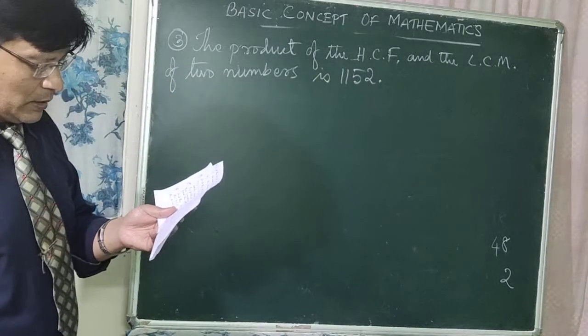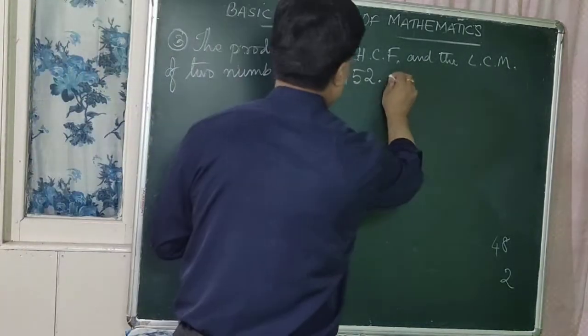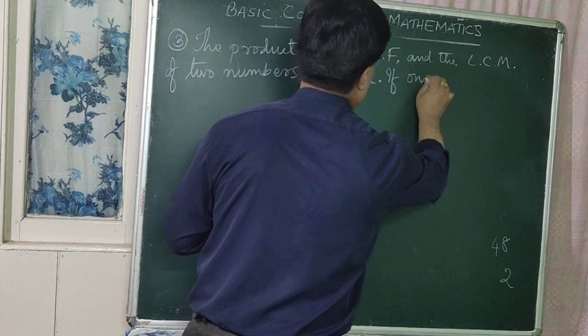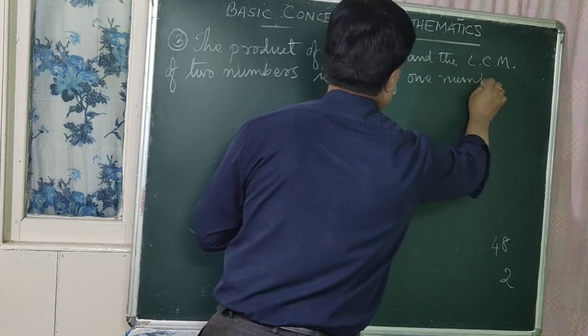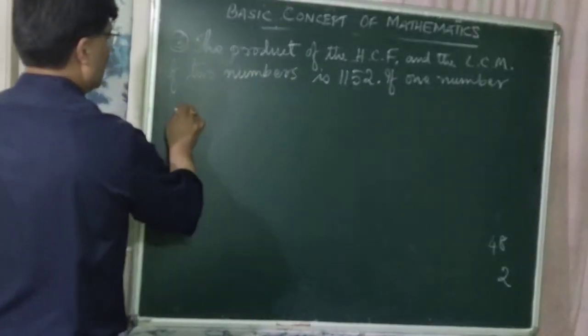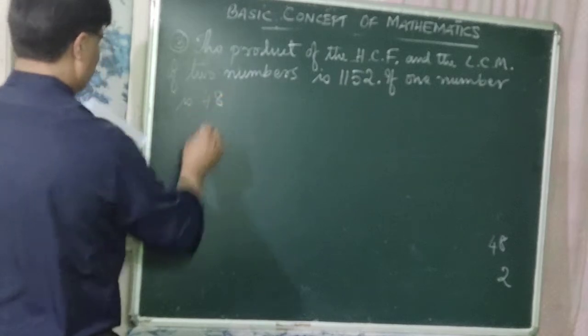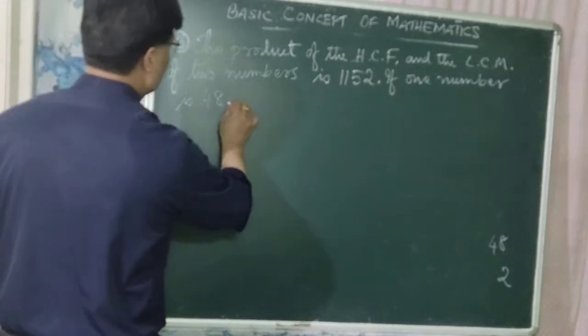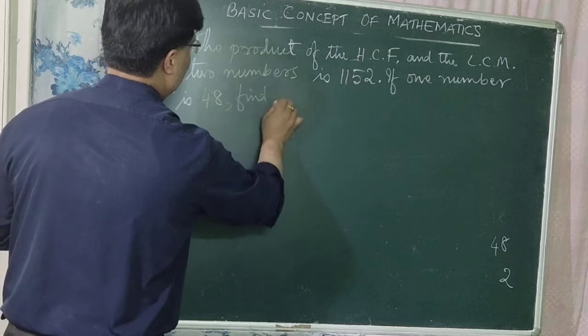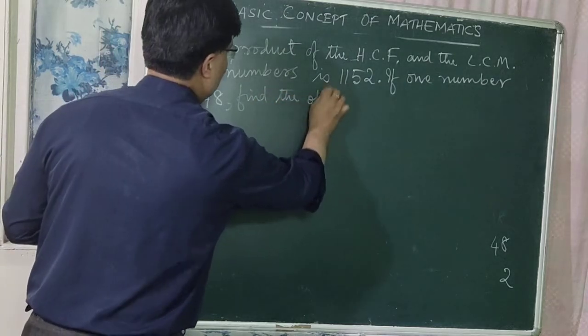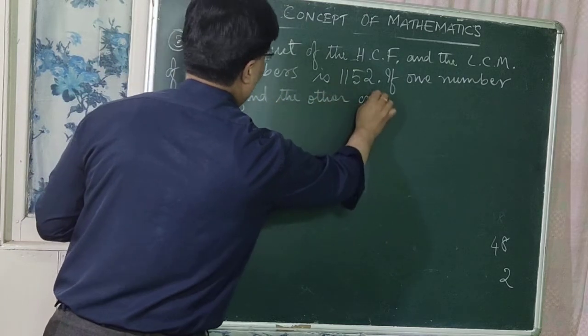If one number is 48, find the other one.